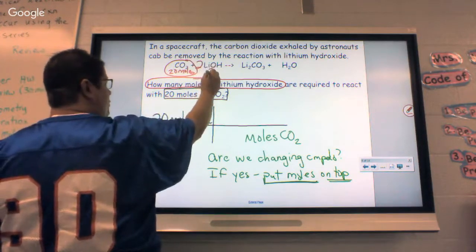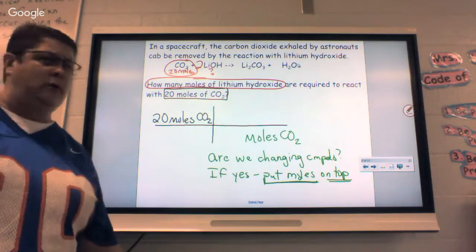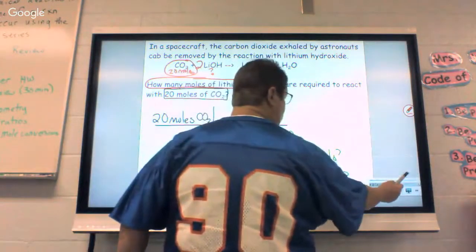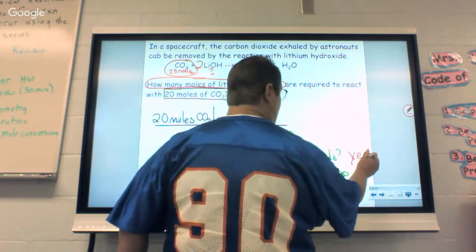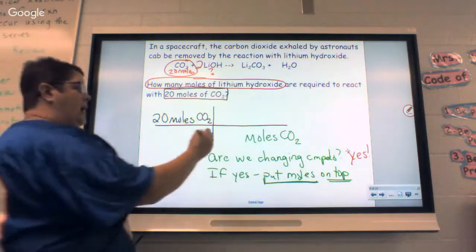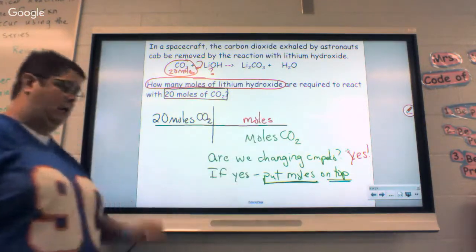They want us to go to lithium hydroxide. Are those the same compound? No. So are we changing compounds? The answer is yes, we are. Because we're changing compounds, we have to put moles on the top line.